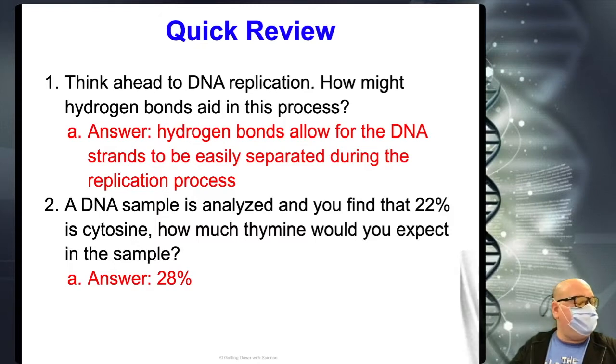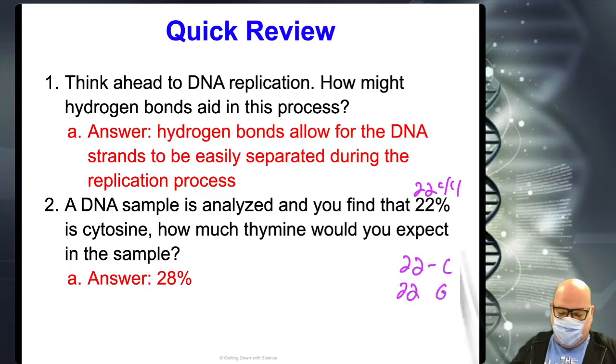22 plus 22 is what? So 44% of the DNA is C and what? All right, now what do we do with this number here? 100 minus 44 is what? 56.